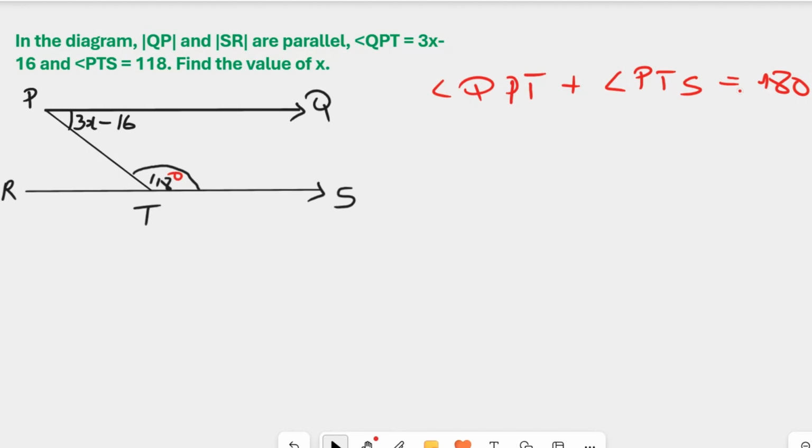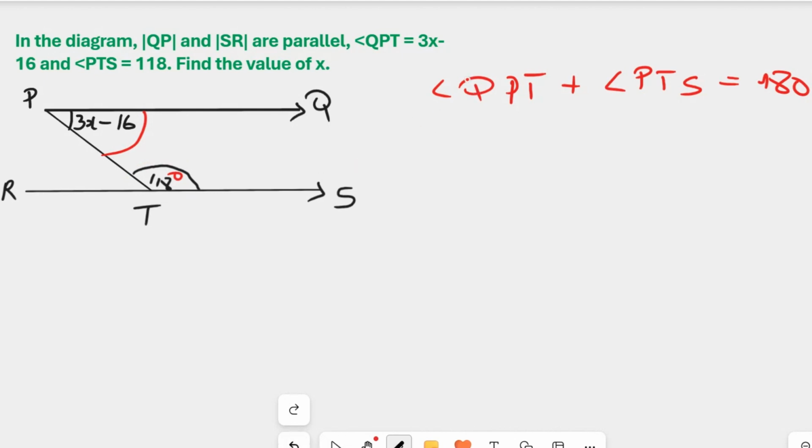And the property is that they are consecutive interior angles. We said that consecutive interior angles sum up to 180 degrees. So this angle and that angle are consecutive interior angles. That is why we can use this property to find the value of x.